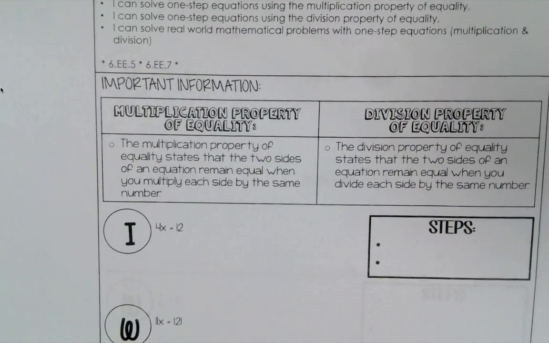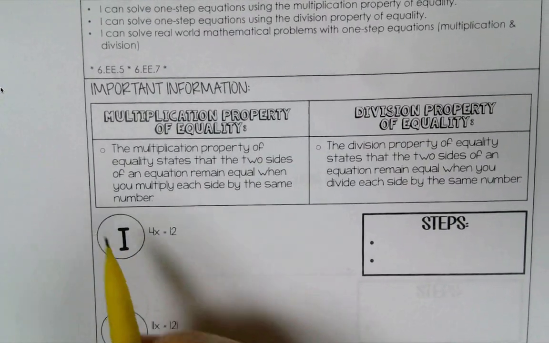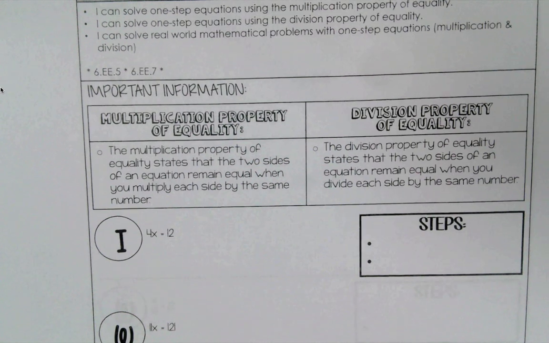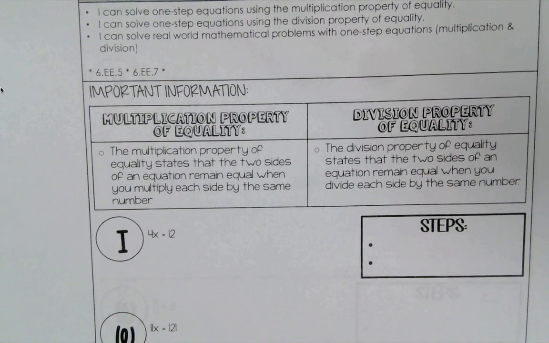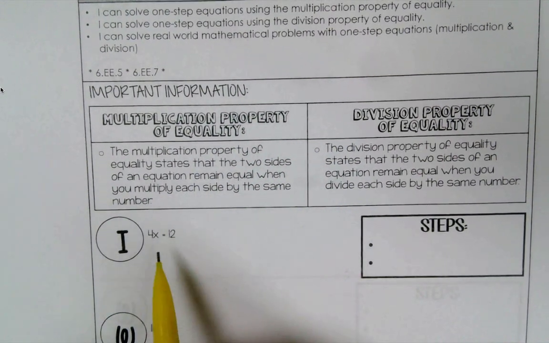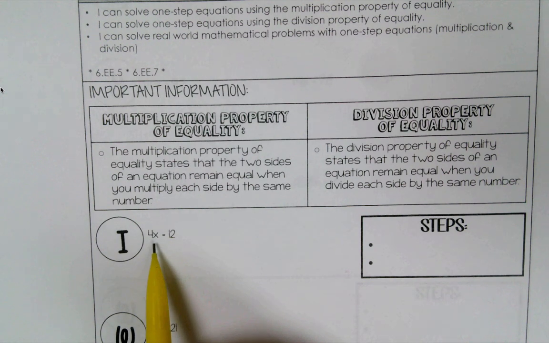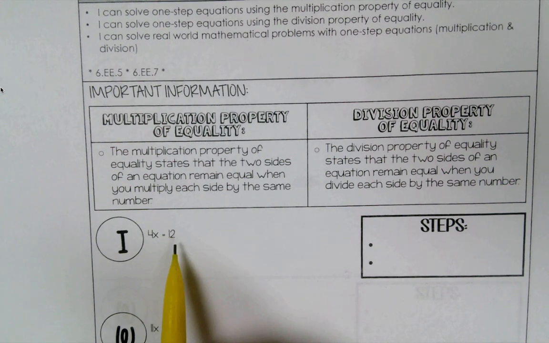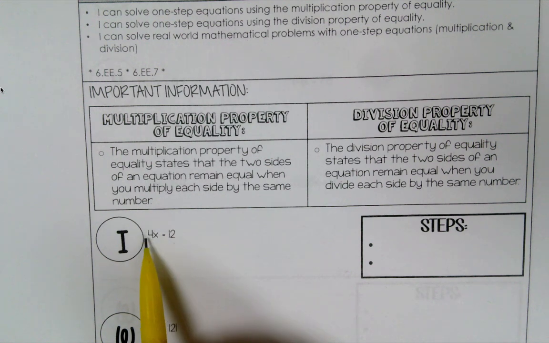So we're going to look at my I do and have my equation. I have 4x equals 12. Now we have talked about this and applied this over and over. In this equation, you have two terms. I have a constant 12, and right here I have a coefficient 4 in front of my variable x. Whenever you have a coefficient attached to a variable with no operation, that means multiply.